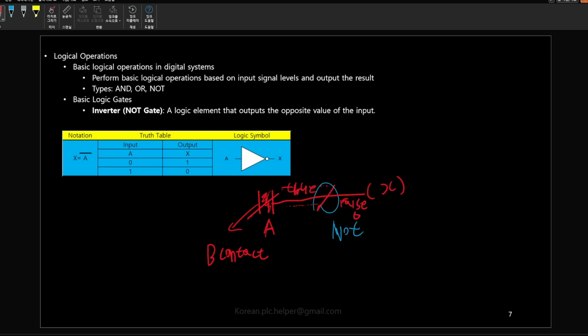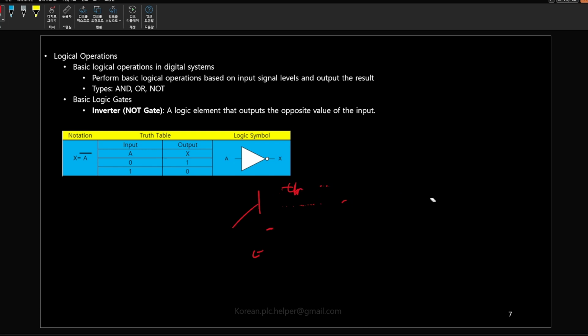Now that we have discussed the AND and OR gates, let's talk about using the NOT gates.